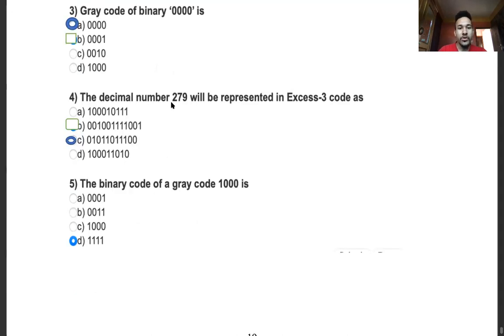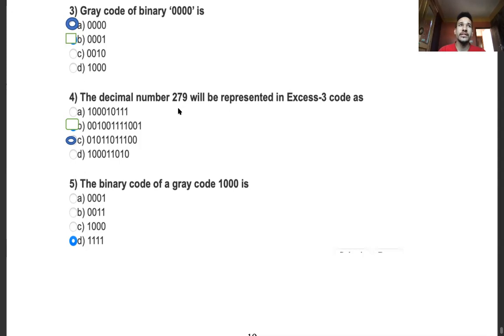Similarly, the decimal number 279 will be represented in Excess-3 code as, like, in 2, 7, and 9. We have to convert it to binary first and then add 3. But here, in place of adding 3 in decimal numbers, we first convert this 279 to respective binary, and then we add 3 in binary.